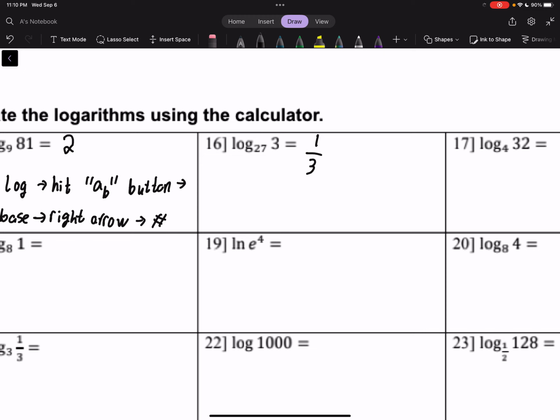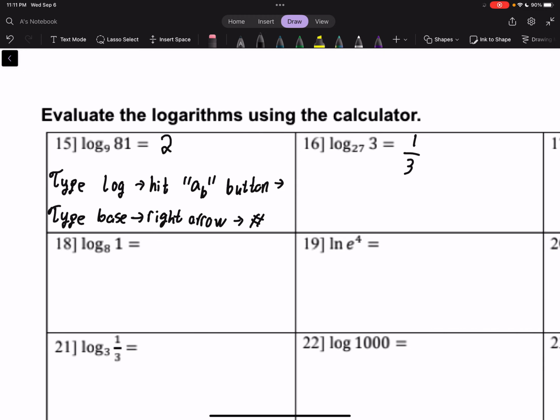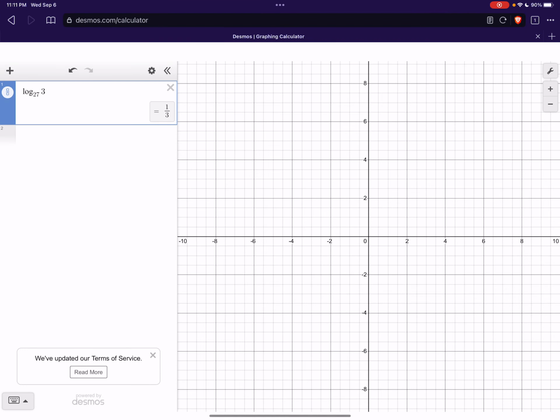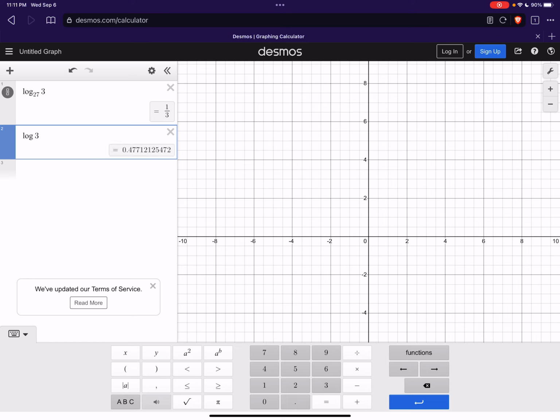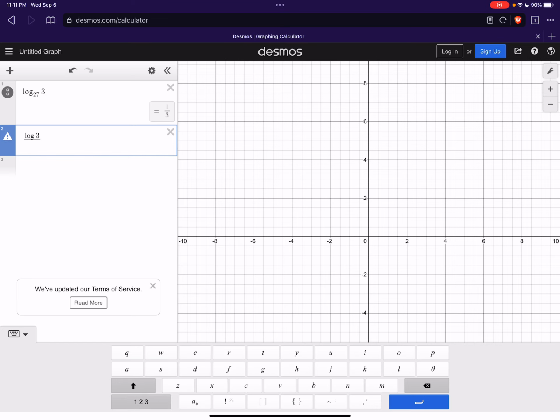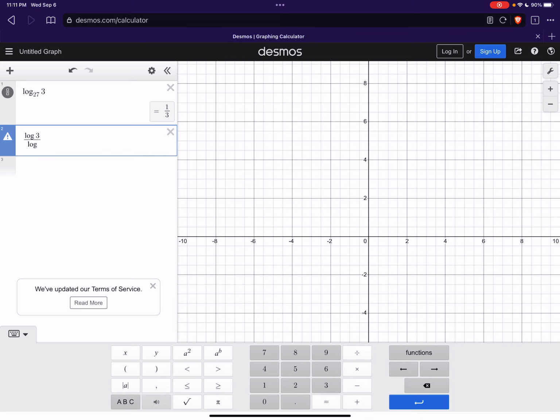If you don't remember how to do all those steps on the left, you can type in Desmos or with a handheld calculator, just log of 3 divided by log of 27.